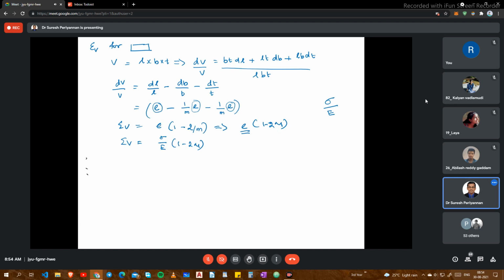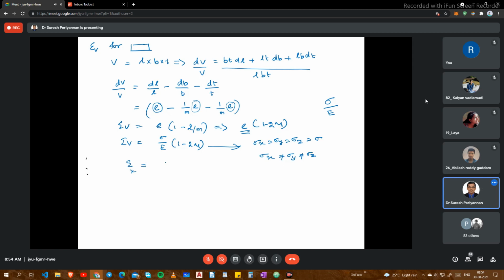Okay. Now, in this case, indirectly, I am taking that sigma x is equal to sigma y is equal to sigma z is equal to sigma. But now I am going to introduce sigma x not equal to sigma y not equal to sigma z. Then how can I write the equation? I can write the equation with respect to x.